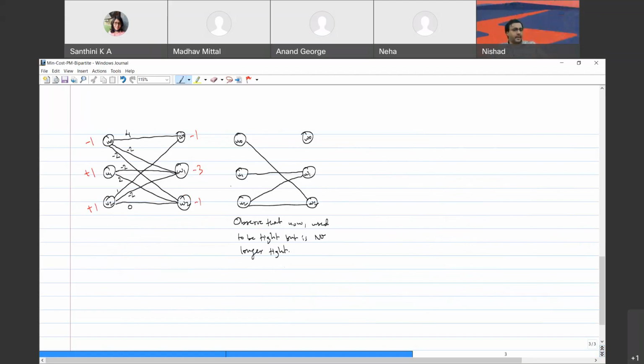Okay. So this is our tight graph H for the next iteration of the algorithm. Once again, the tight graph does not have a perfect matching. Okay. Before we proceed, are there any questions or concerns?